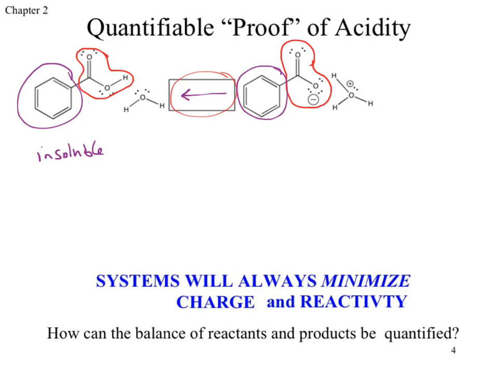Salt. What can you tell me about the solubility of salts? They completely dissociate. They are water soluble. By running a simple acid-base reaction, I can take benzoic acid from an organic phase and transfer it into an aqueous phase. Just as easily, I can take it from that aqueous phase back into the organic phase by just changing the amount of acid or base present. Okay? Pretty important.